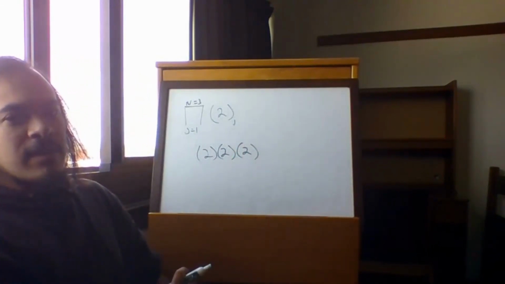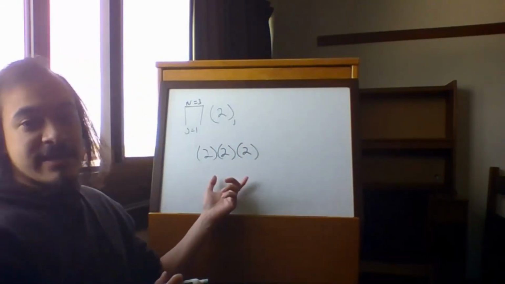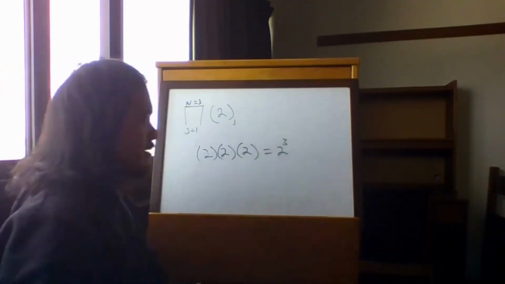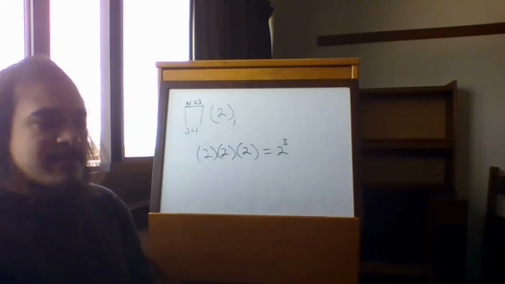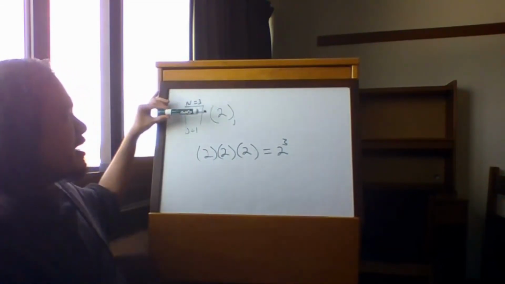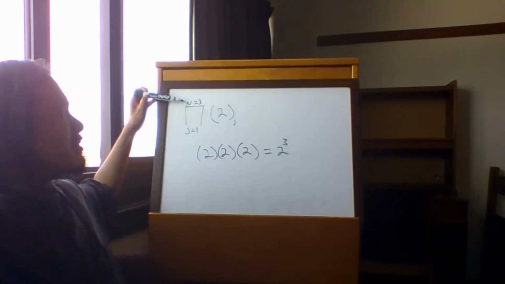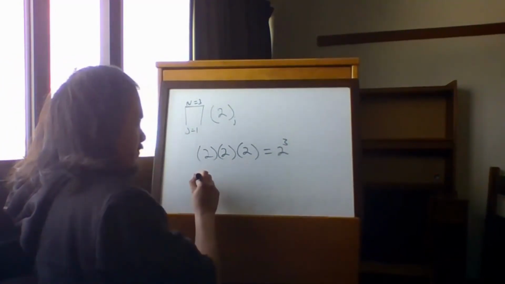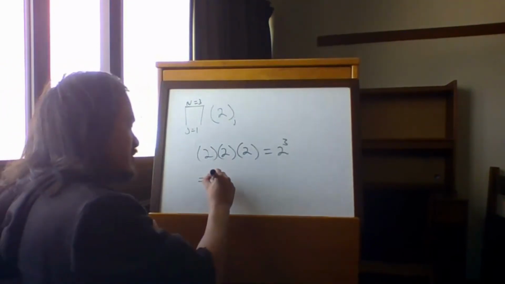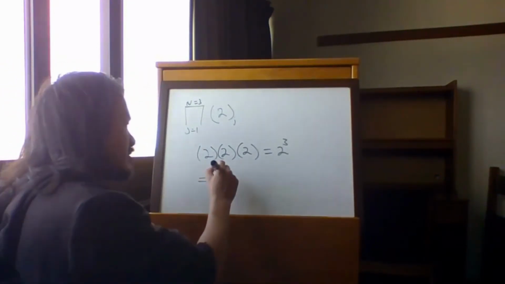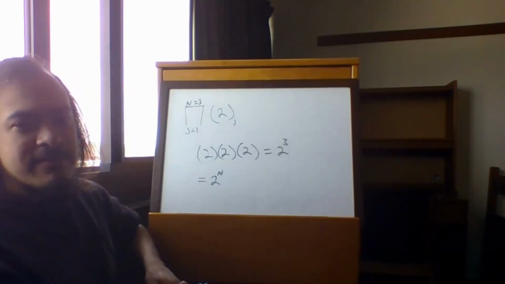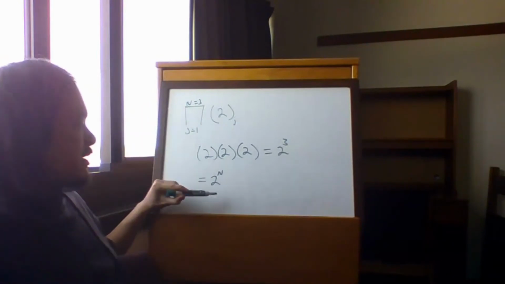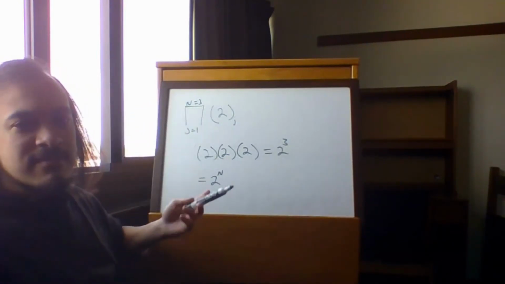If we wanted to compact this down, you have 2 to the third power. So we're multiplying 2 n number of times. Alternatively, I have 2 to the n power, because that's what we got.